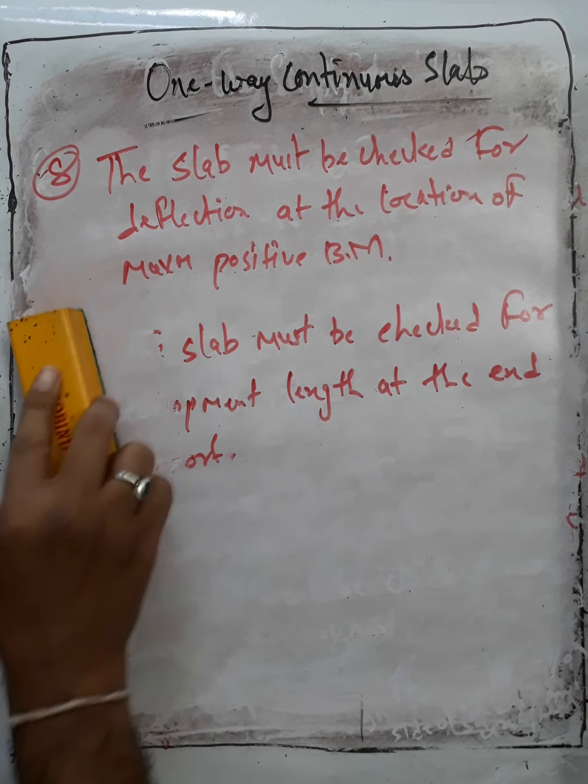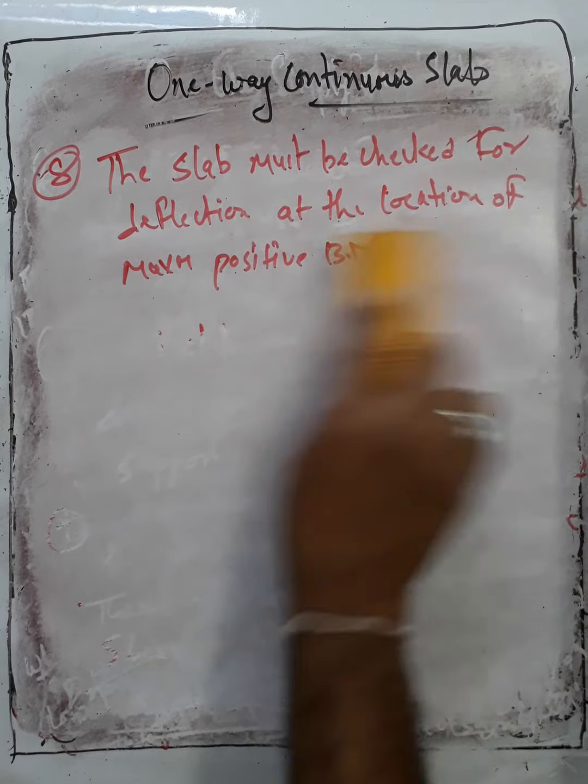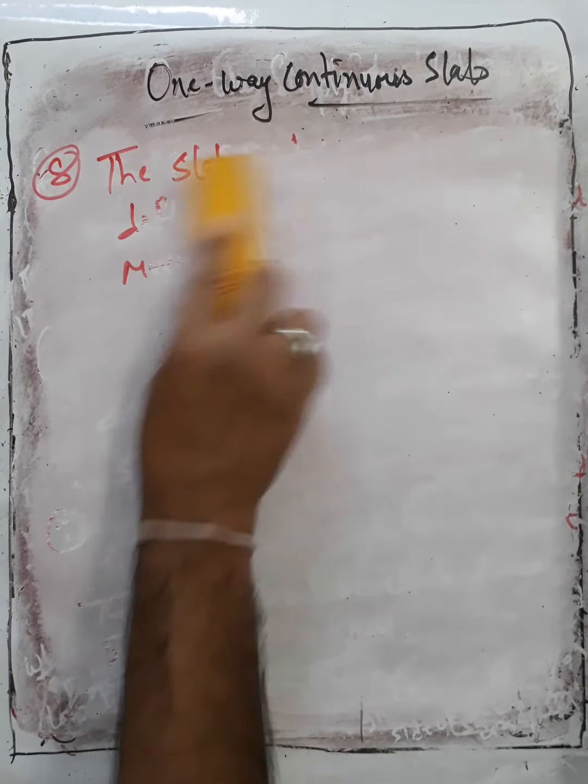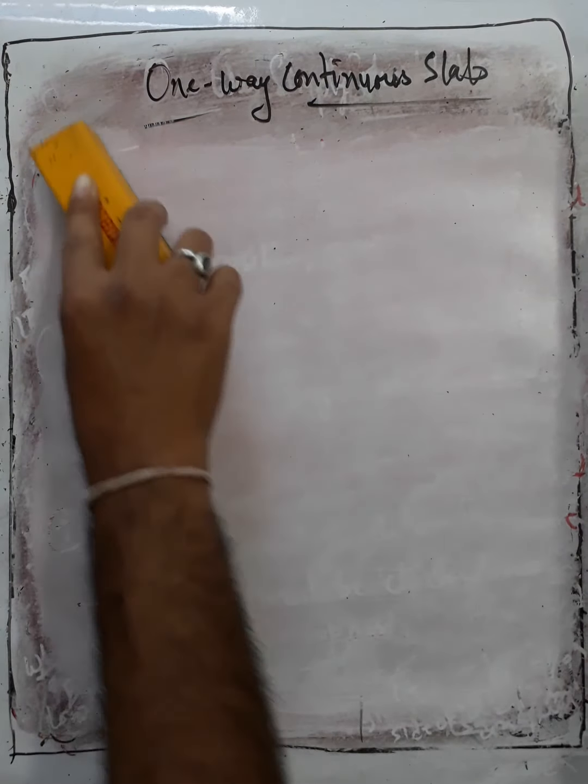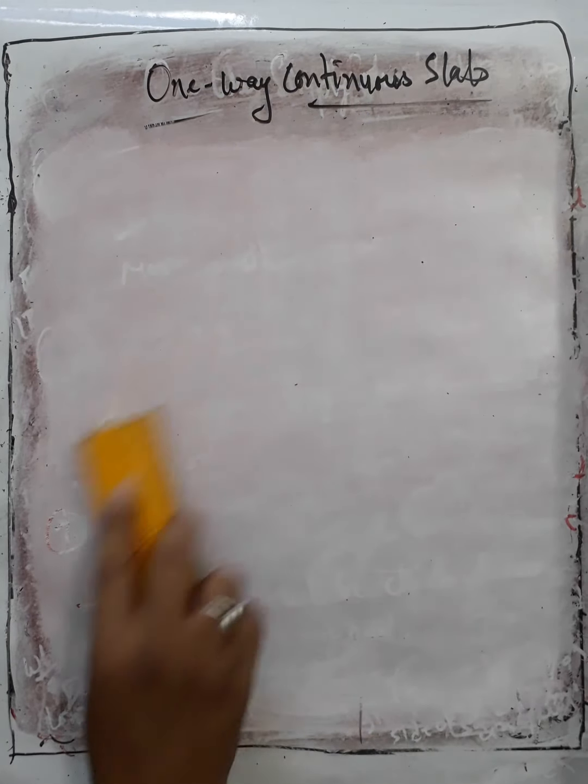Now here I show you the detailed reinforcement structure for one-way continuous slab, because in continuous slab we have a number of reinforcements provided. So you have to know how much or where we have to provide the reinforcement, the length of bent up bars, and the length of reinforcement where we provide for the maximum negative bending moment.